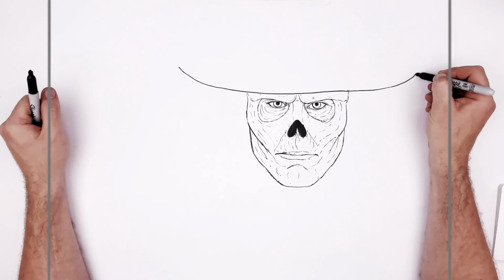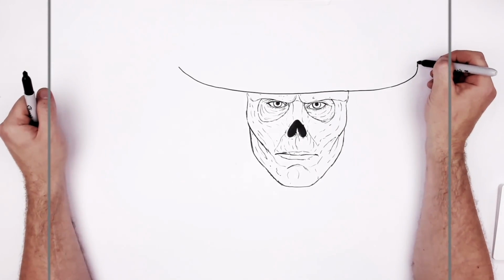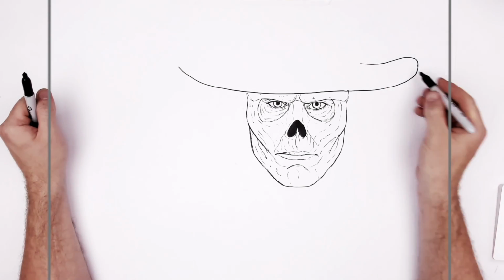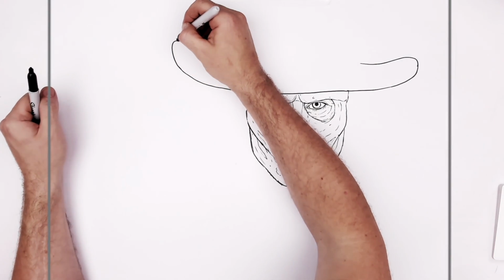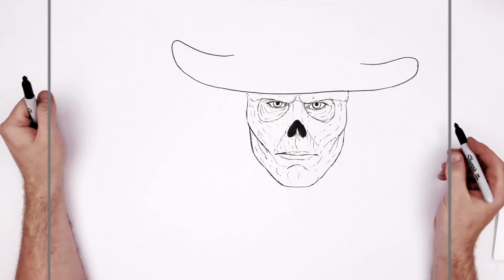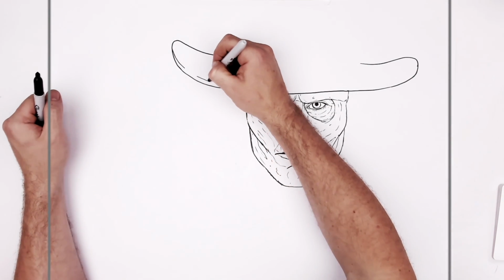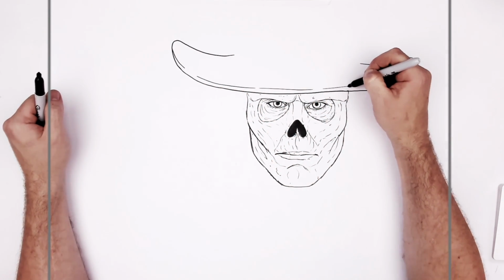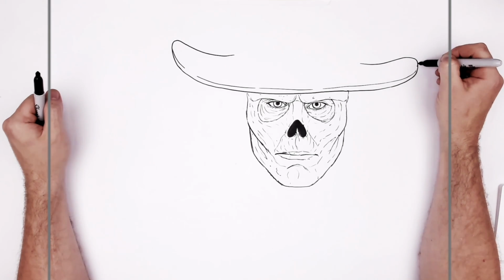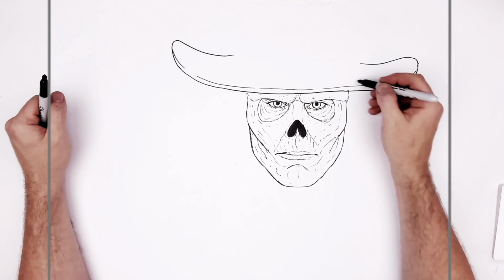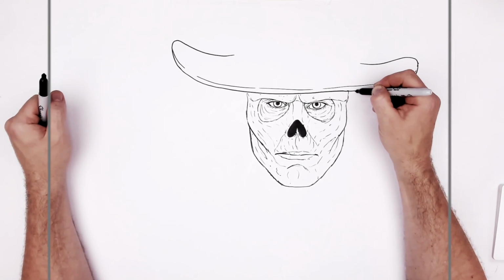So this just goes around that way. There. And then it has a bit of a rim, like so. And we can just see his ears coming out from underneath here.